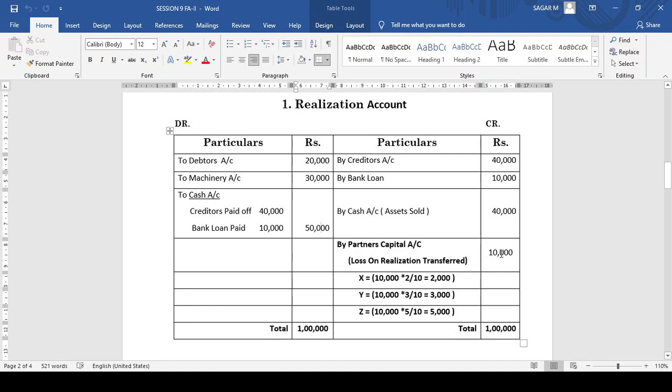This loss on realization should be transferred to all partners' capital accounts. If you divide this realization loss among the three partners in their profit sharing ratio, X will get 2,000, Y 3,000 and Z 5,000.